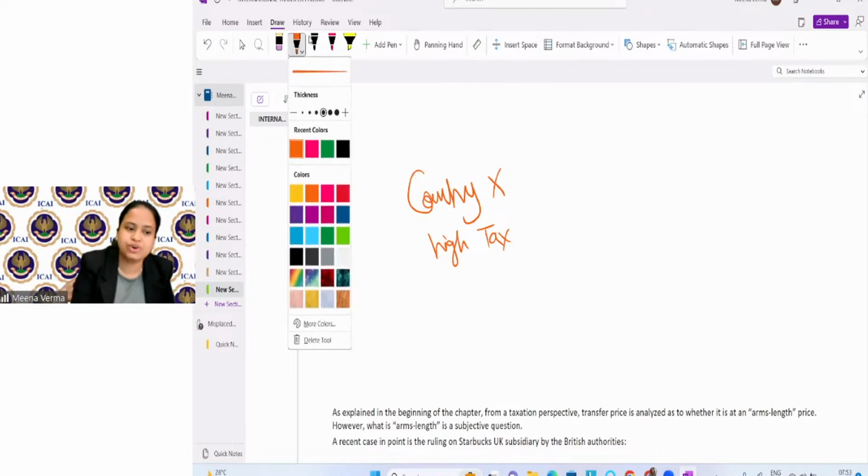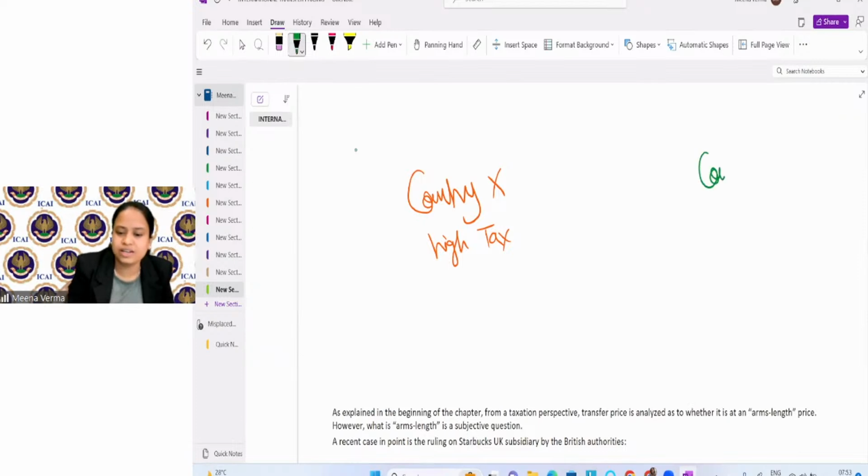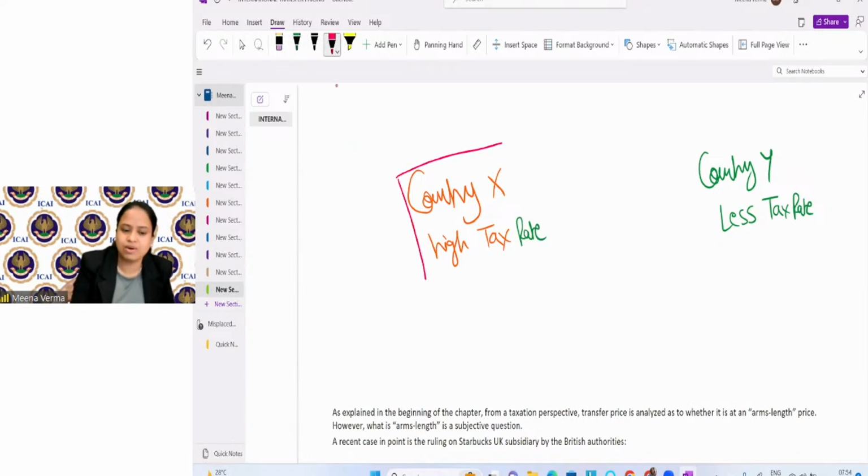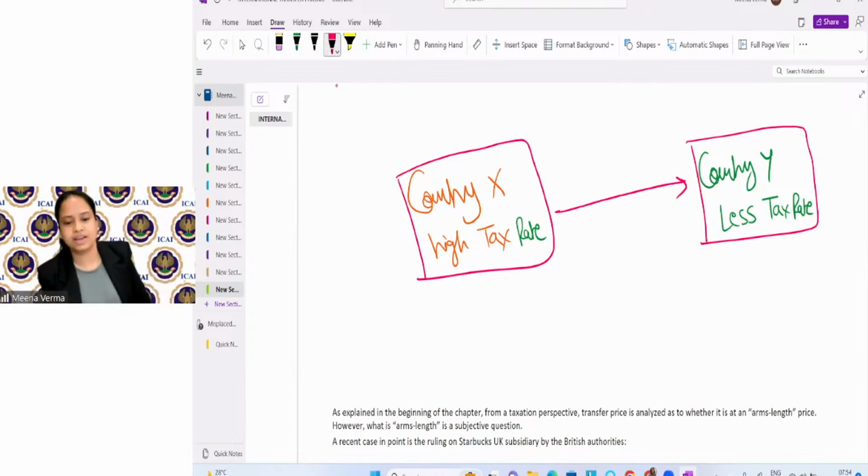We generally prefer to transfer the goods from a country having a high tax rate to a country having a lower tax rate. What will happen here? We transfer the goods from here to here, from a country having a high tax rate to a country having a low tax rate.